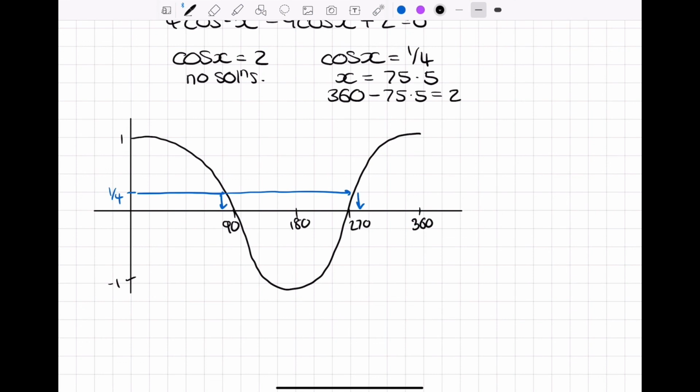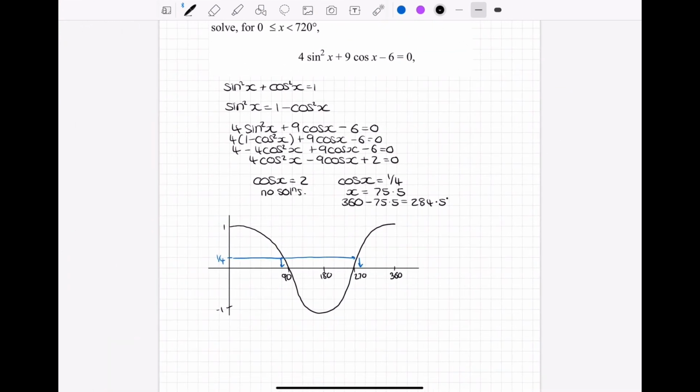From that, we get 284.5 degrees, and that's our other solution. So from all of that, we'll just get two solutions between 0 and 360 of 75.5 degrees and 284.5 degrees.